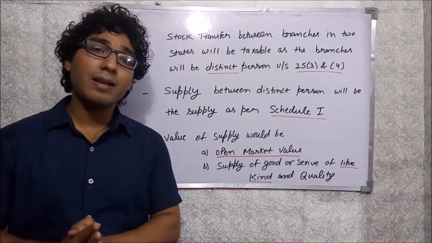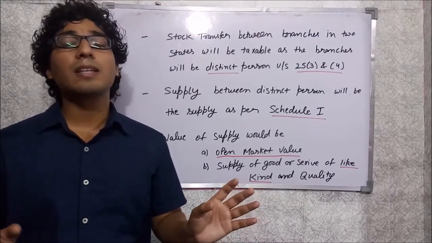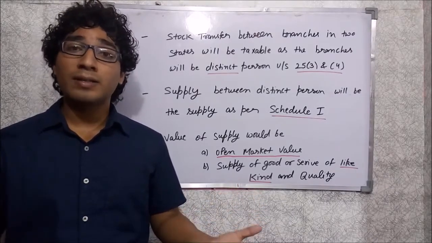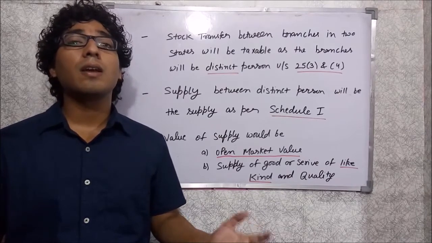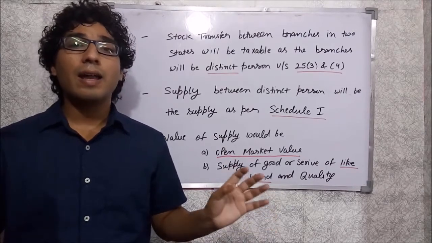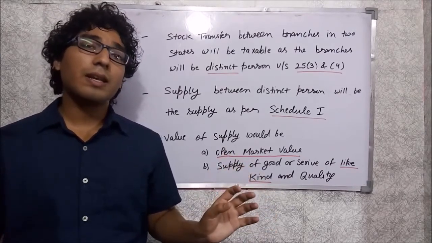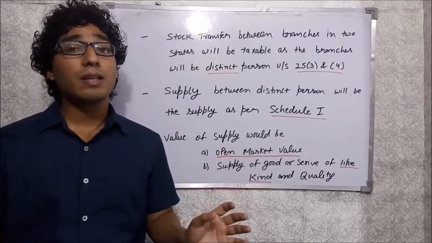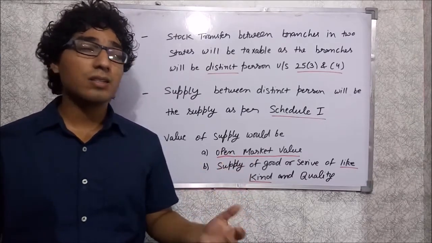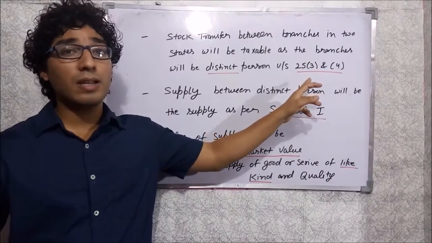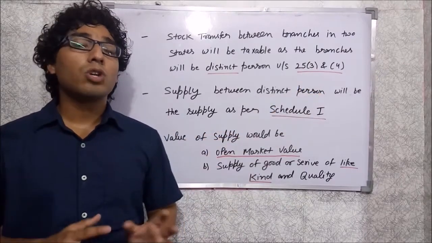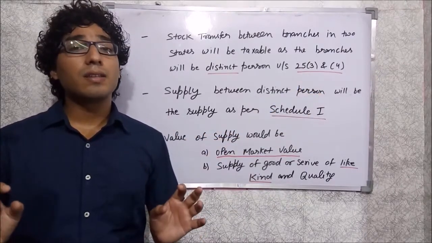So it means that persons making taxable supplies from different states have to register under GST in every single state. And if you are registered in two different states, then in terms of section 25 subsection 3 and subsection 4, those persons will be treated as distinct persons.